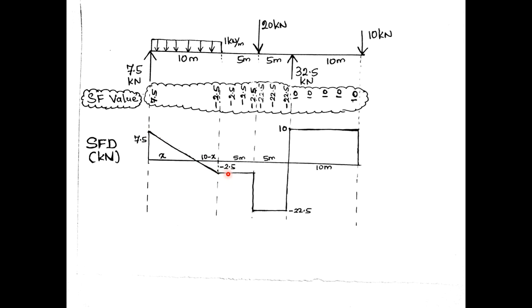Here minus 2.5 is the same, there are no loads. Here again it jumps because of this concentrated load. Same value, again jump because of this point load. Again there are no loads, therefore same value up to just before this point load.